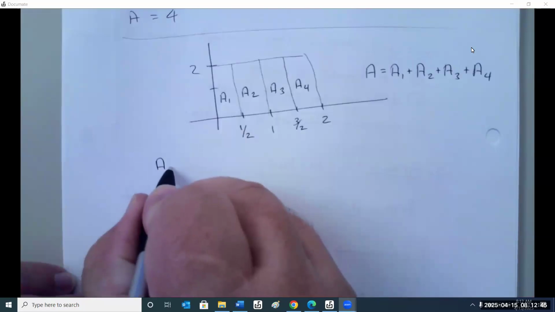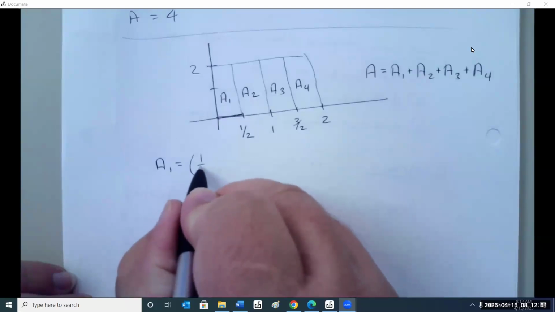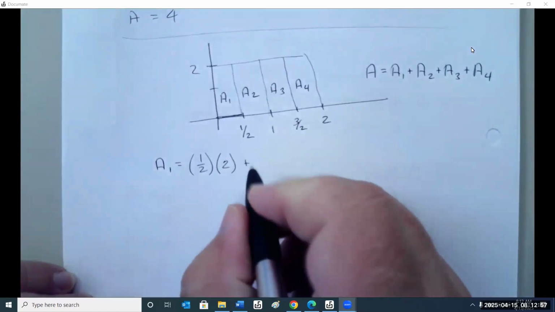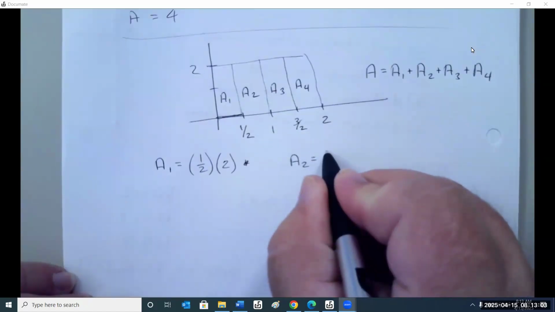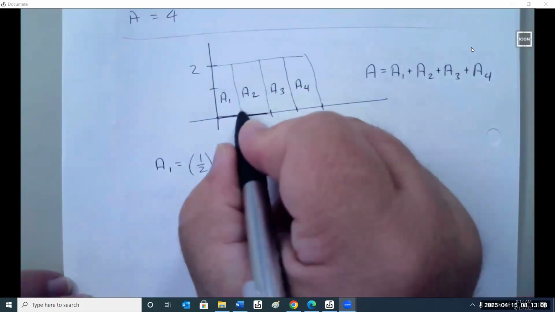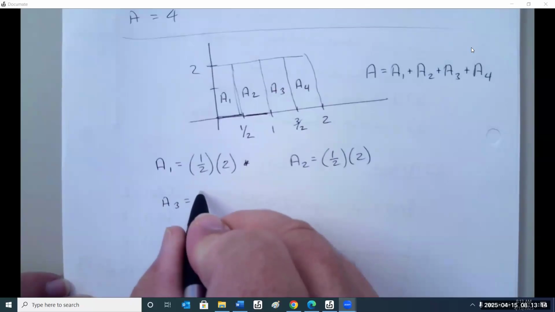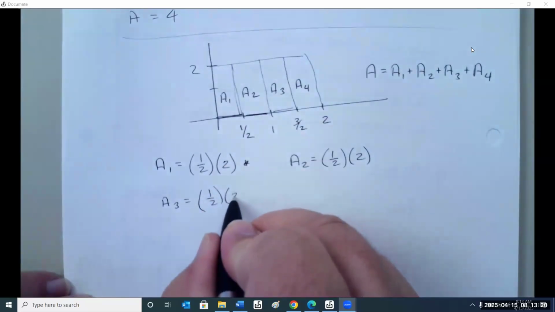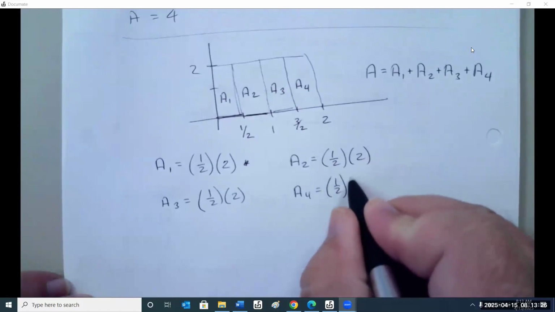So what is A1? The base is 1/2. The height is 2. A2, what's the width? 1/2. What's the height? 2. Then A3, it's 1/2 and also 2. And then A4 is 1/2 and also 2.